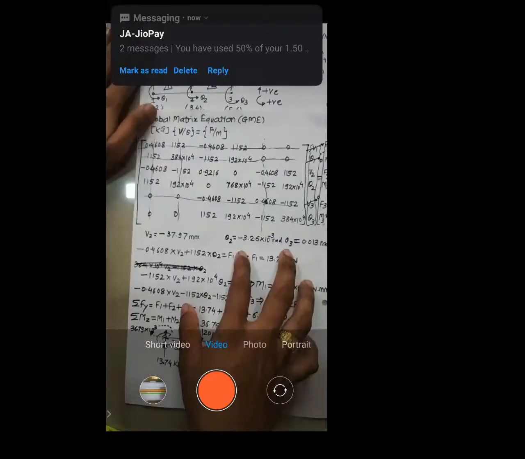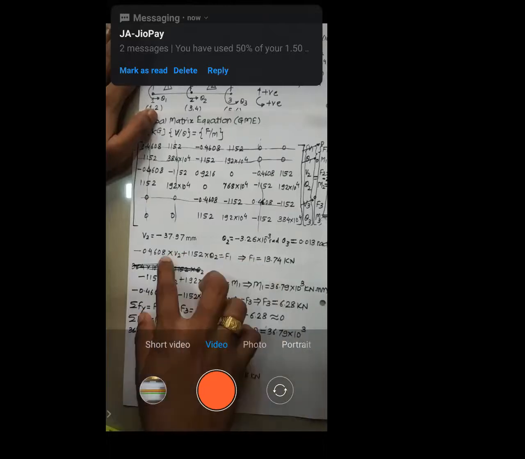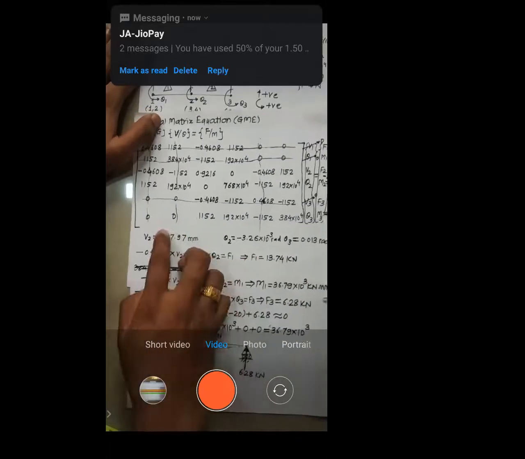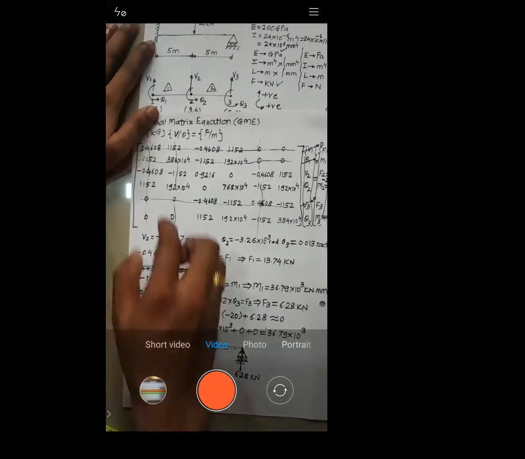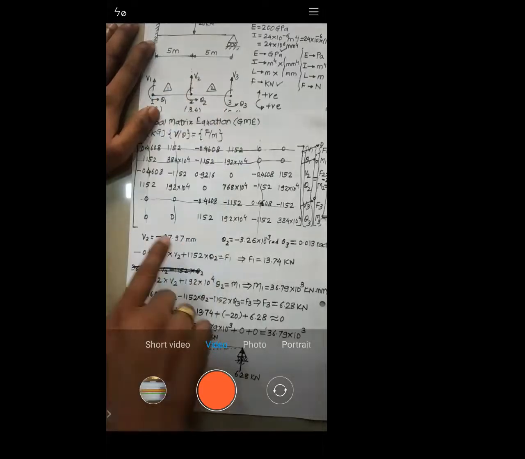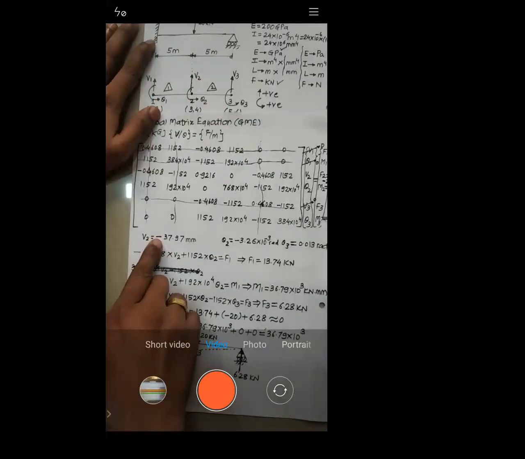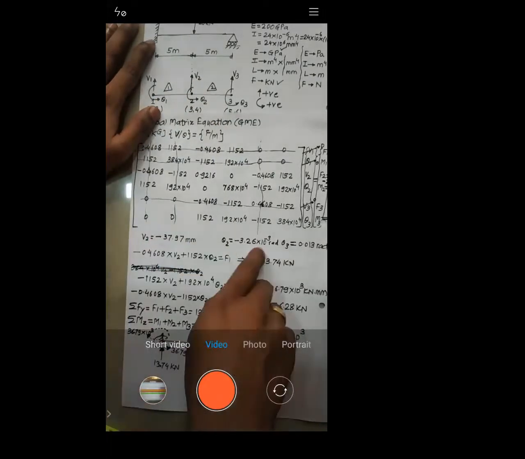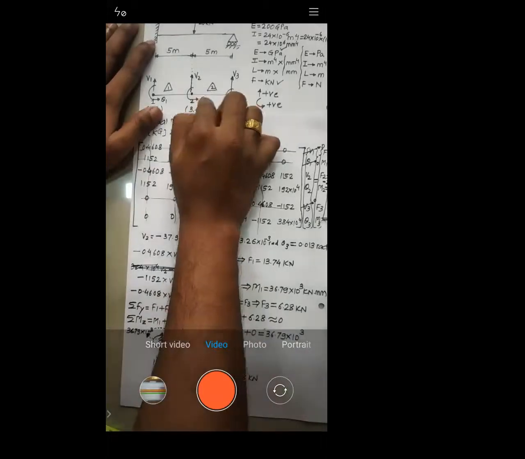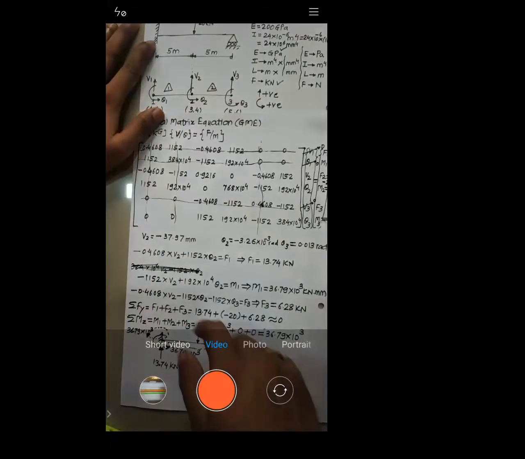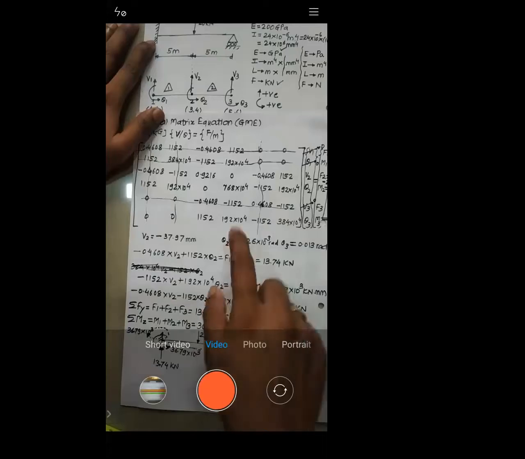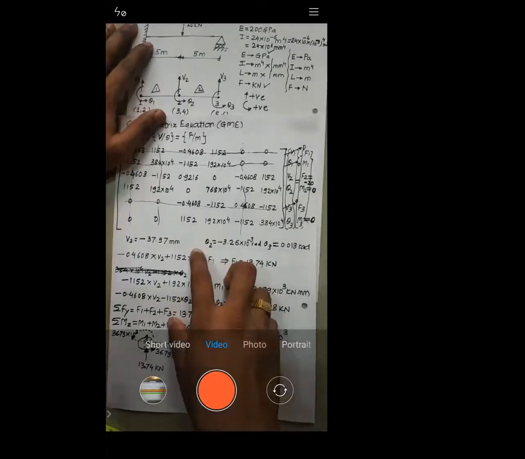And when we calculate their values, at that time we understand their direction. V2 was upward, that is positive, but if V2 is coming negative, that means it is going downward. Similar case with theta 2. Theta 2 is assumed anti-clockwise, that's why it is positive, but theta 2 is coming negative, that means it is clockwise. Yes or no?